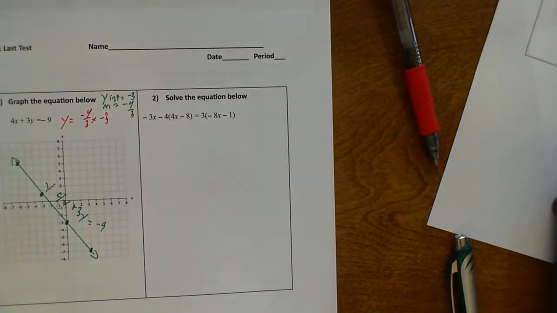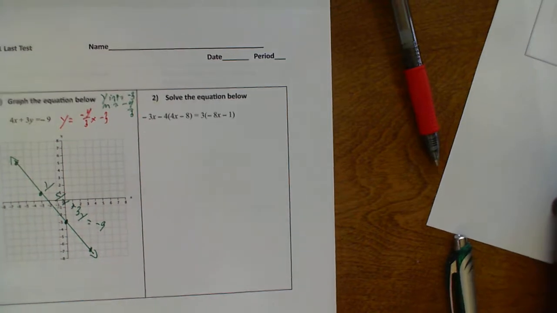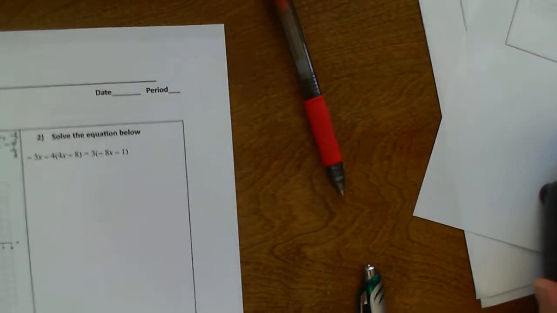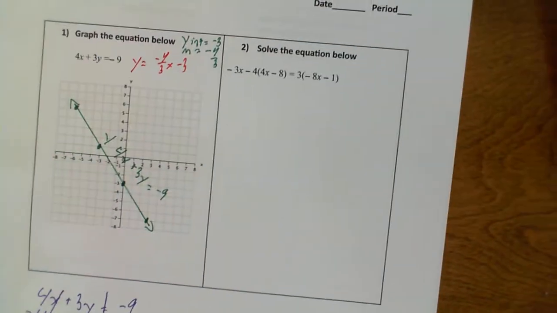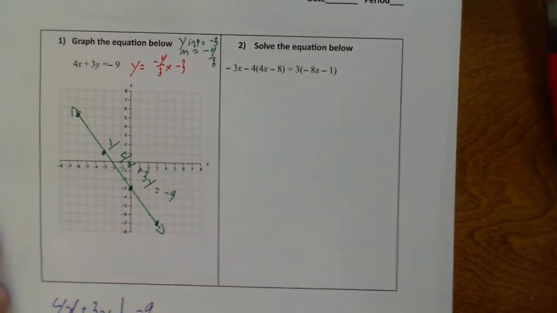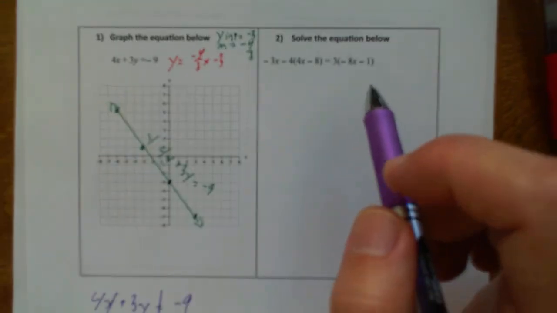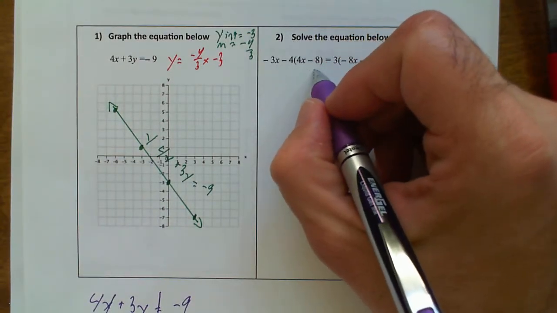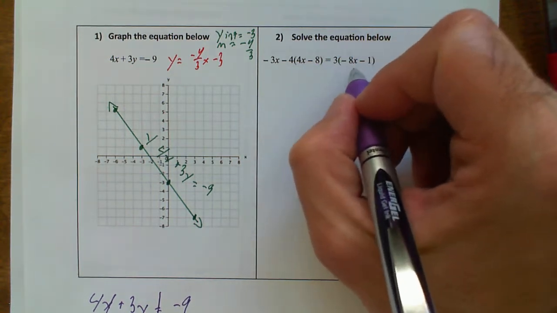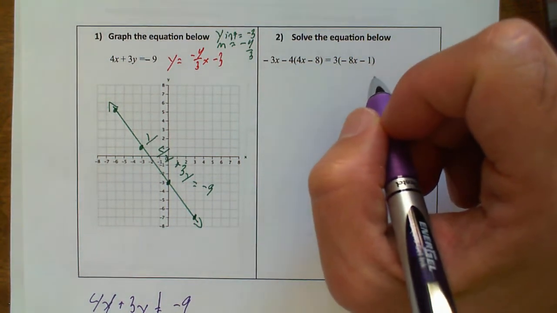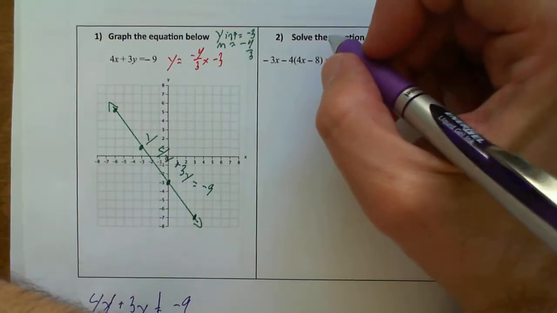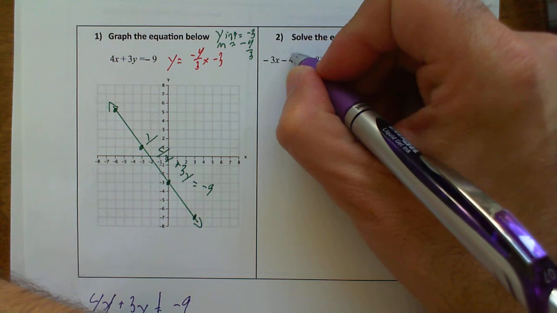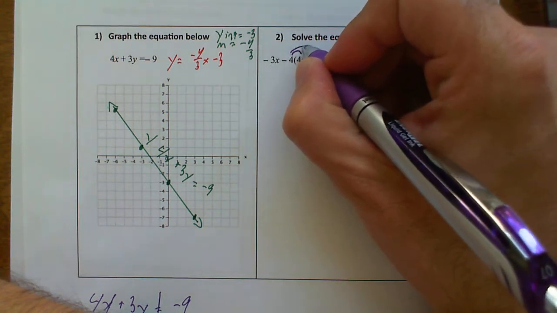Okay, number 2. This looks crazy, but let's do it one step at a time to make it easier. I have x's on both sides and parentheses. Let's get rid of the parentheses first. Look here: -4 times 4x minus 8, so we distribute the -4.